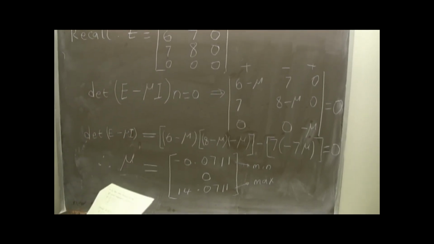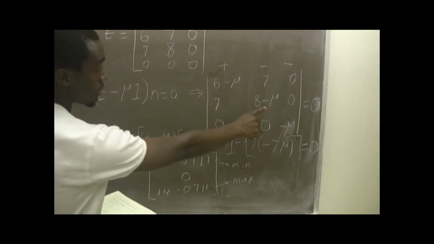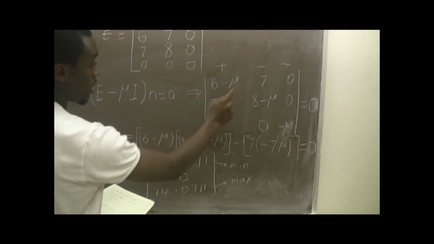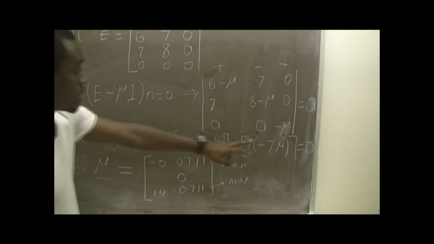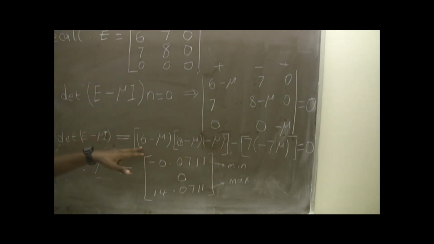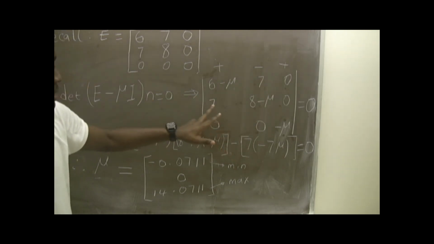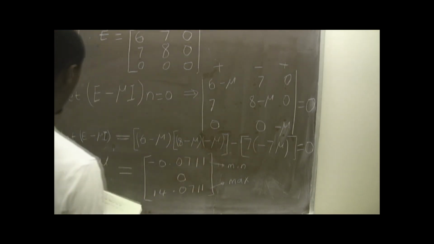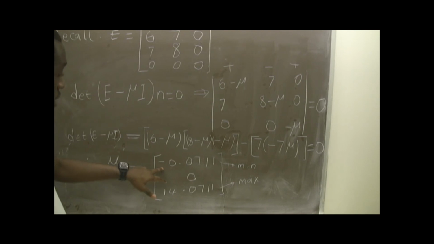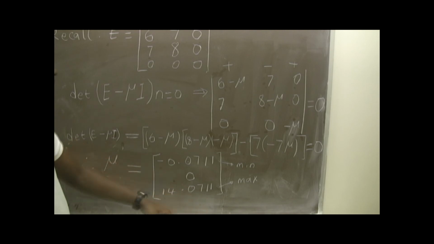From the formula for determinants, it is (6 minus mu)(8 minus mu) minus 7 times 7 equals this. That gives us values of mu to be minus 0.0711 and 14.0771. This is the minimum value, and that's the maximum value.